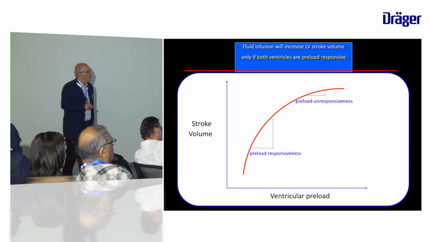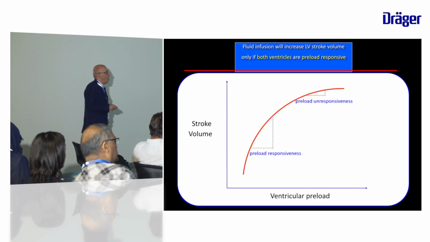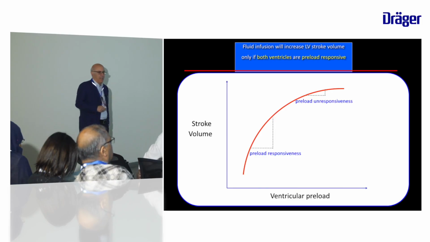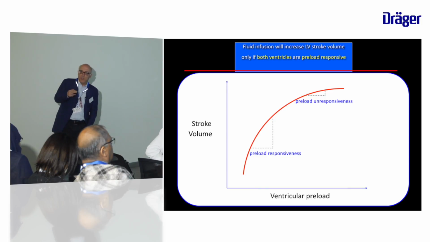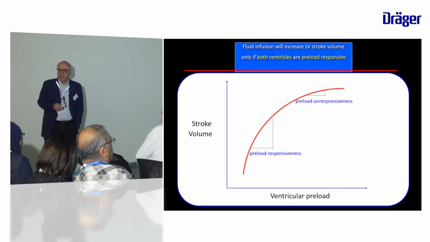Fluid infusion will increase the stroke volume only if both ventricles are responsive. So in case of dishomogeneity between the right and the left, of course, this does not fit.